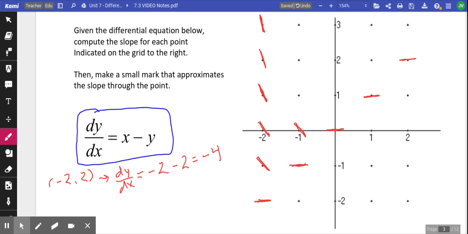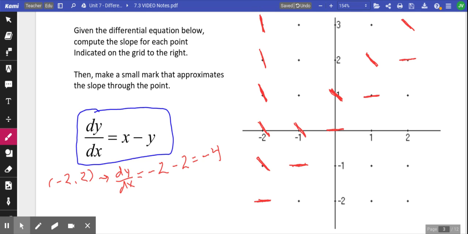When x is 0 and y is 1, we have 0 minus 1, which again happens to be -1. So I'm going to try to draw that slope here at -1. And the same thing is going to happen here at 1, 2. 1 minus 2 is -1. And then 2 minus 3 here is also -1. So it looks like those slopes are the same on the diagonal.